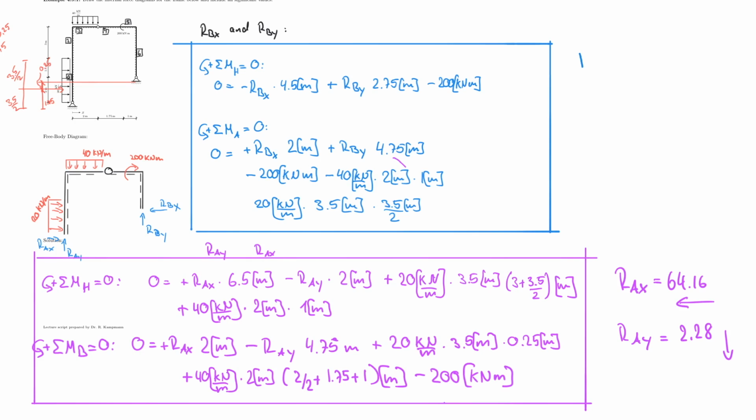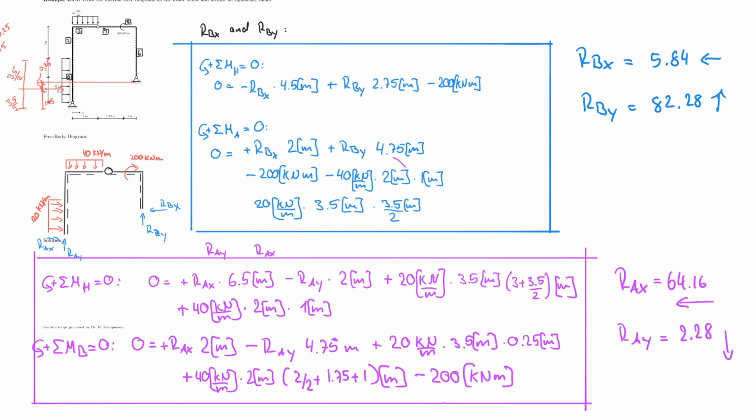I could do the same thing for RBX and RBY, which if I solve them, I would find 5.84, and that would be positive, which means I assumed correctly to the left. And for RBY, it would be 82.28 upwards.